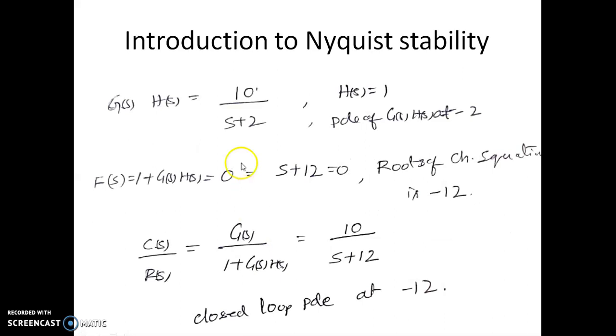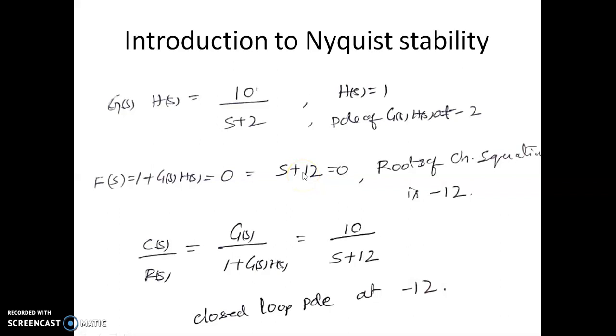Let us still consider the same transfer function and try to find its characteristic equation, which is 1 plus G(s)H(s) equal to 0. Naming it as F(s), if F(s) is 1 plus G(s)H(s) and it is equal to 0, I end up with this as the equation.